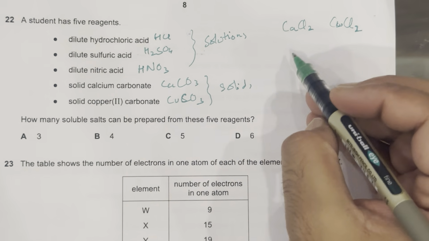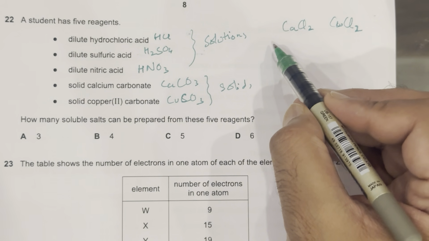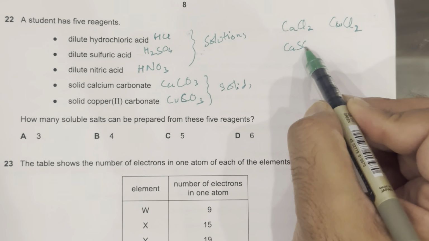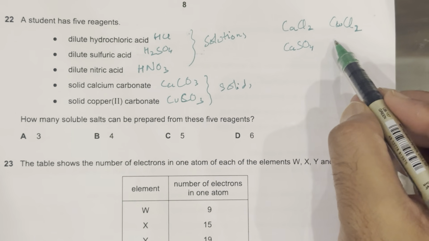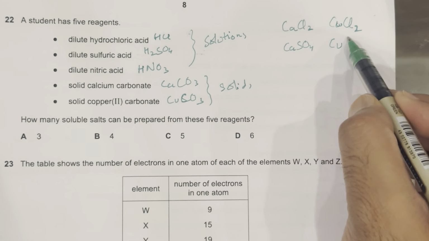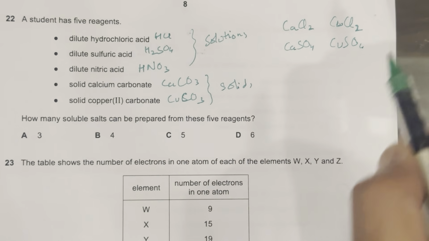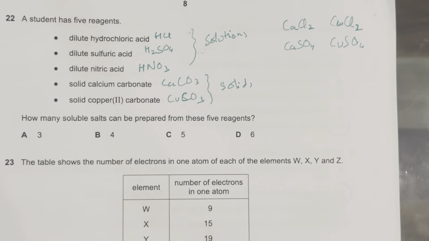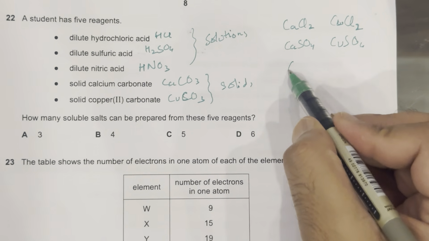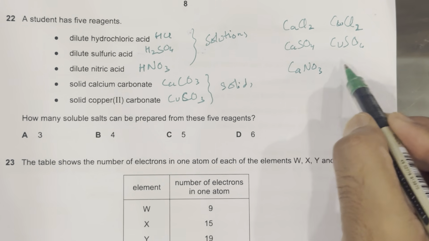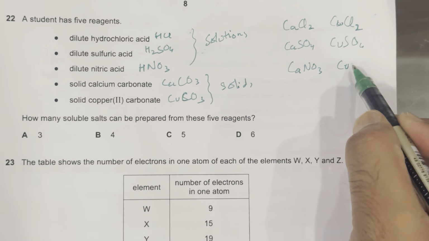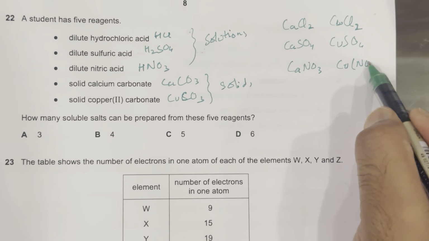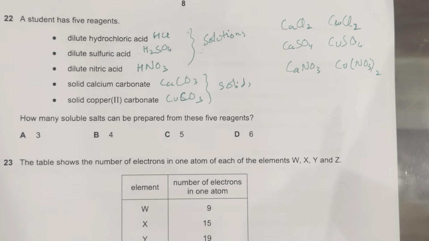Also calcium sulfate salt will be produced when it reacts with sulfuric acid, and copper sulfate salt will be produced. Also calcium nitrate will be produced when HNO3 reacts, and copper nitrate will be produced when copper carbonate is reacted.